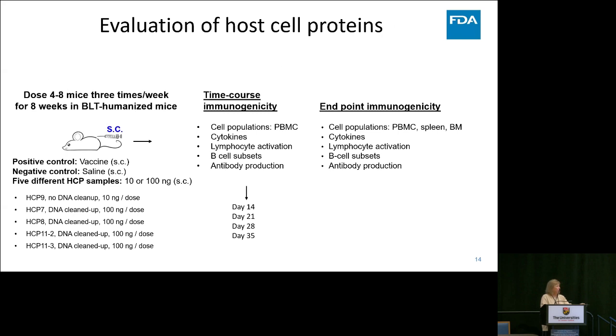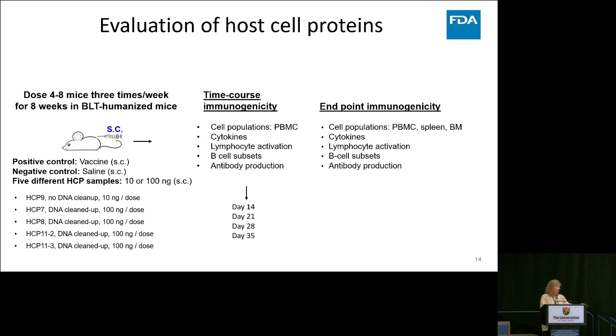So what we did in this study is we dosed mice for 8 weeks subcutaneously with either a positive control, which was a vaccine, or a negative control, which in this case was saline. And we had 5 different host cell protein samples that were very courteously produced on our campus in our bioreactor and purified for us.